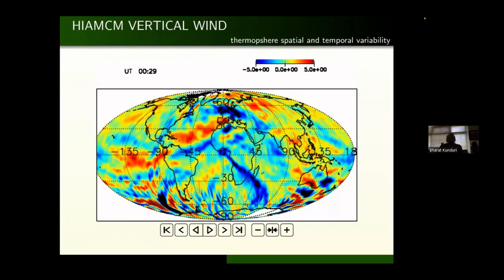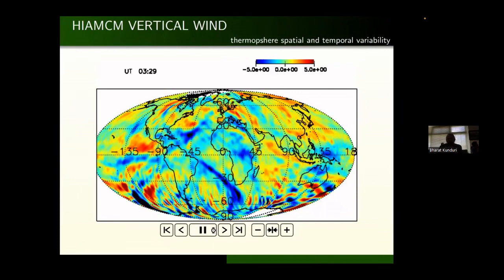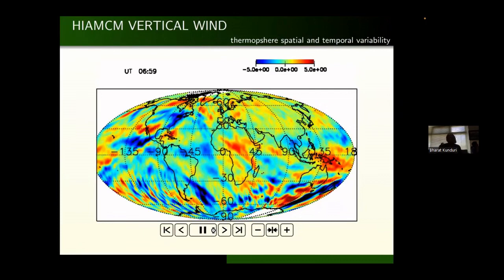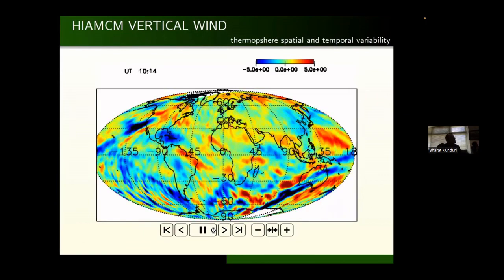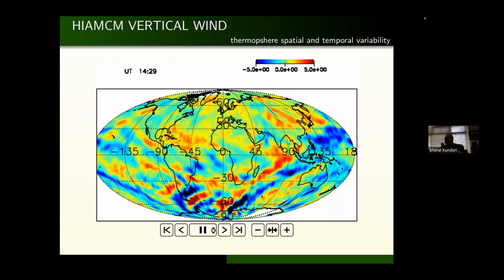So this is from high MCM, and this is the vertical neutral wind. It's plus or minus 5 meters per second. The purpose of this is simply to show the spatial temporal variations associated with gravity waves in the neutral atmosphere.